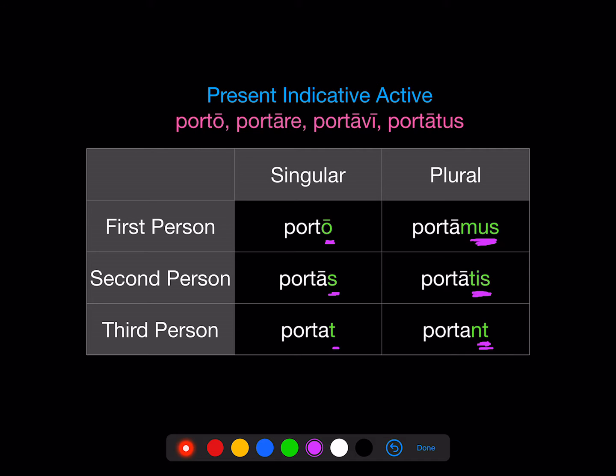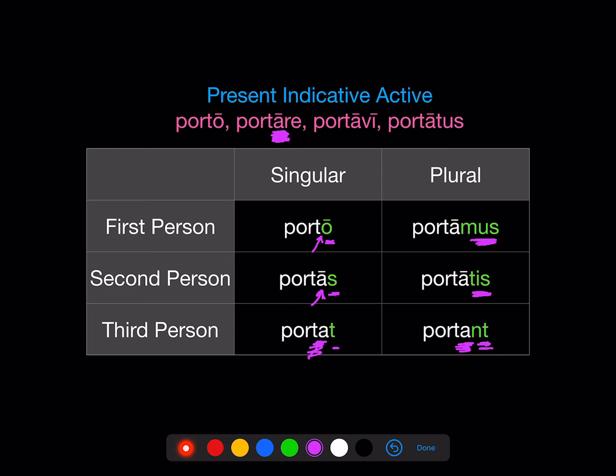And we should also know, Porto is a first conjugation verb, that the vowel that appears before that personal ending depends on conjugation. So for porto, portare, it's first conjugation, so that vowel wants to be a long A, but it disappears before the O, and it's shortened here and here before final T and NT.